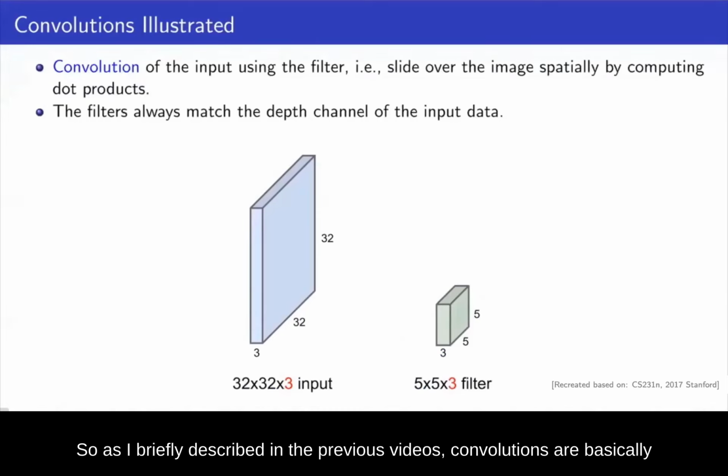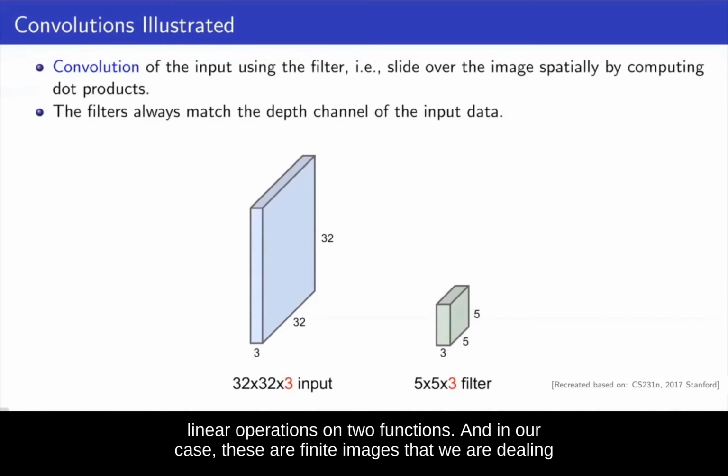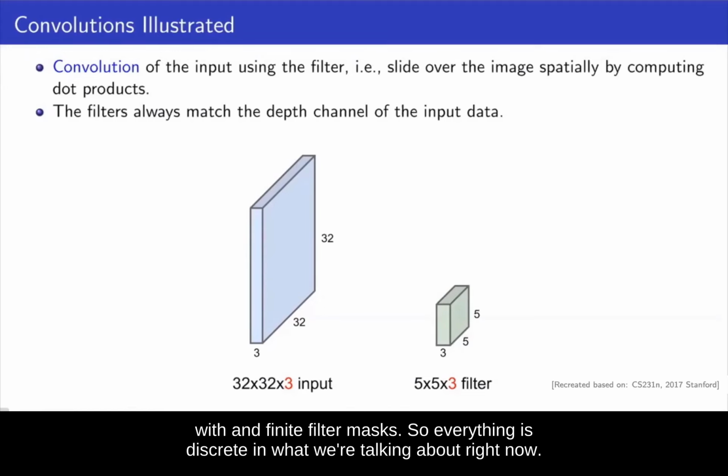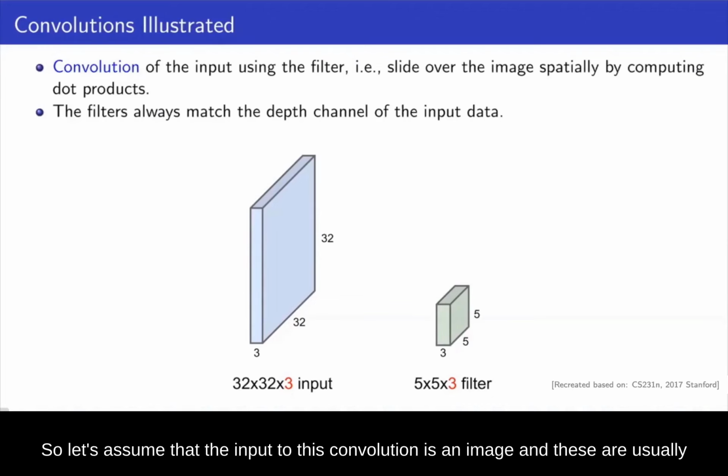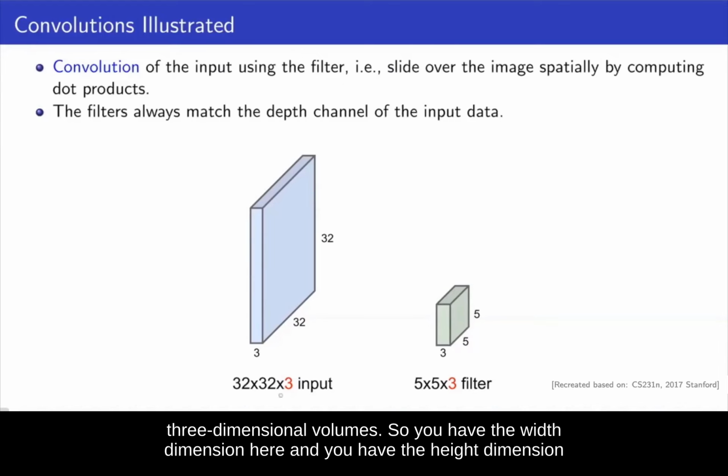So as I briefly described in the previous videos, convolutions are basically linear operations on two functions. And in our case, these are finite images that we are dealing with and finite filter masks. So everything is discrete in what we're talking about right now. So let's assume that the input to this convolution is an image, and these are usually three-dimensional volumes.